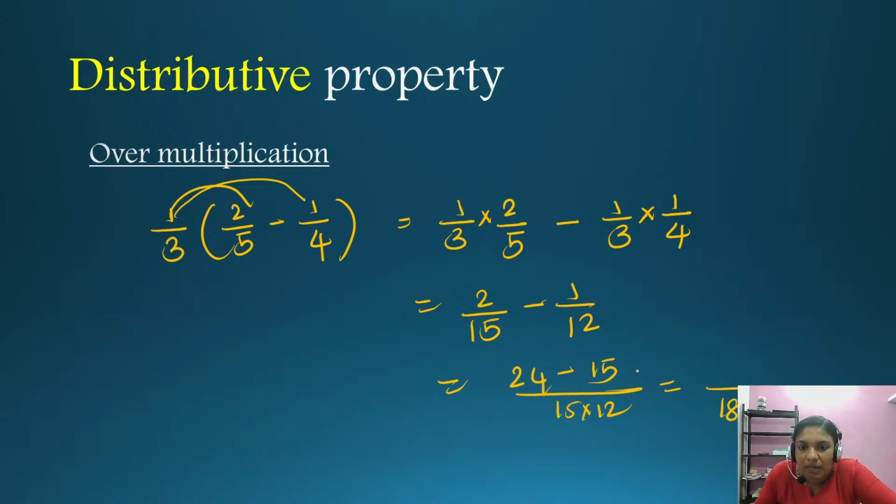Yes. 24 minus 15 will give you 9. So 9 by 180. Then what will happen? 9, 1 by 20. So the answer will be 1 by 20. Okay. So I was just reducing the time. So distributive property of rational numbers over multiplication is this.